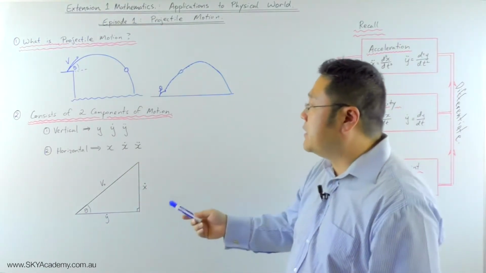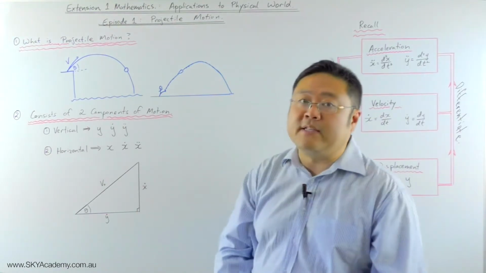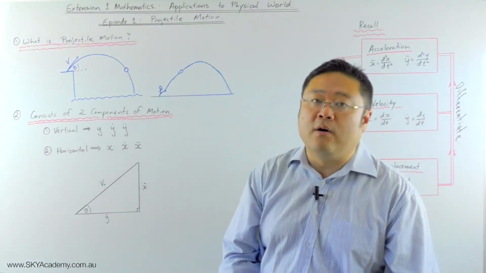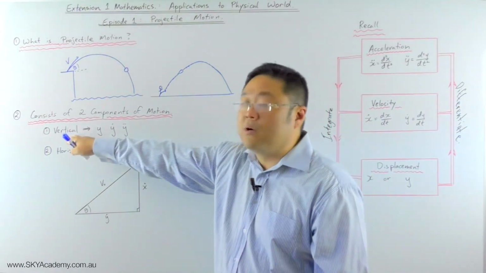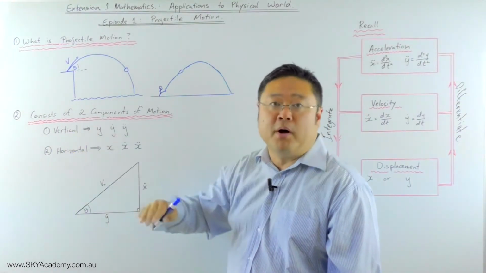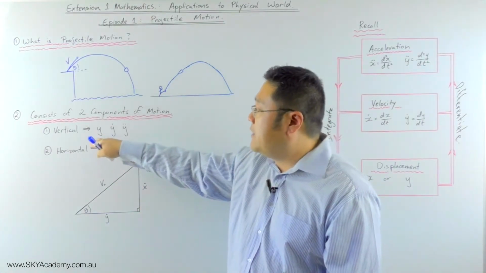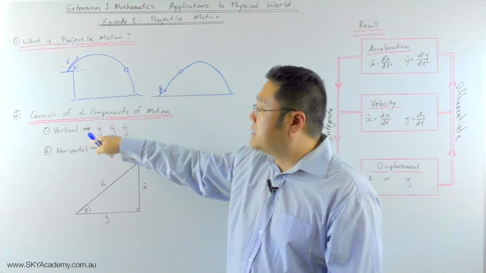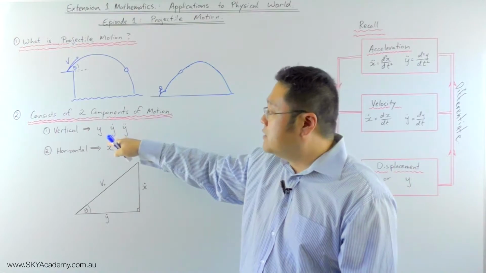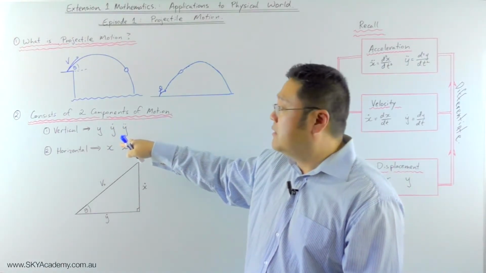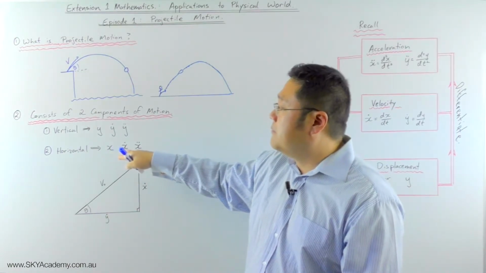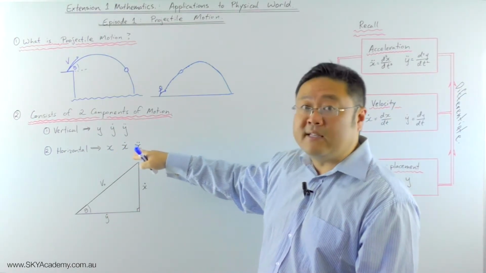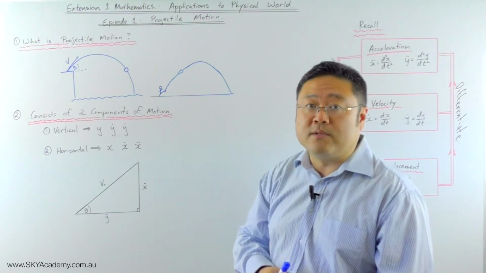So we can break down any motion into its vertical component and its horizontal component. We have displacement, velocity, and acceleration in their vertical forms, and displacement, velocity, and acceleration in their horizontal forms.